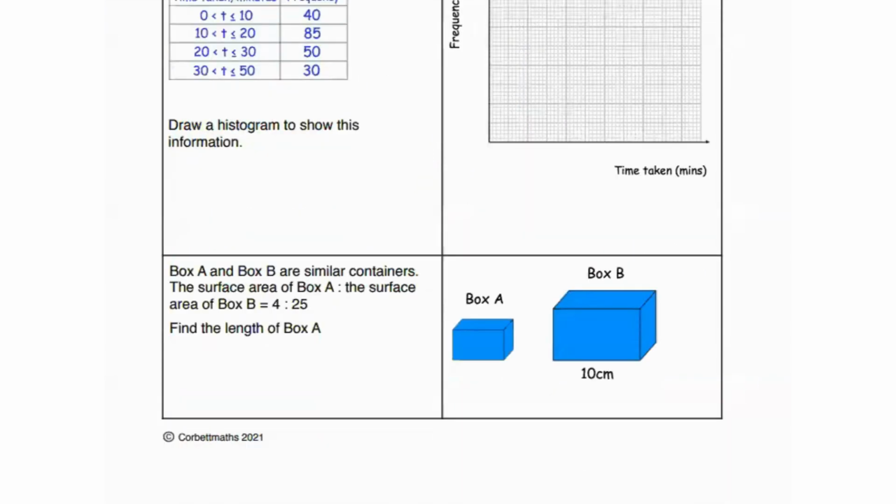Box A and box B are similar containers. The surface area of box A to the surface area of box B is 4 to 25.